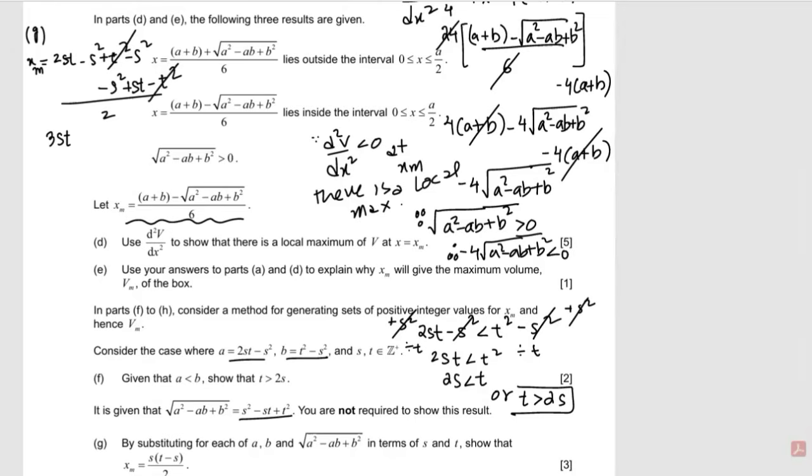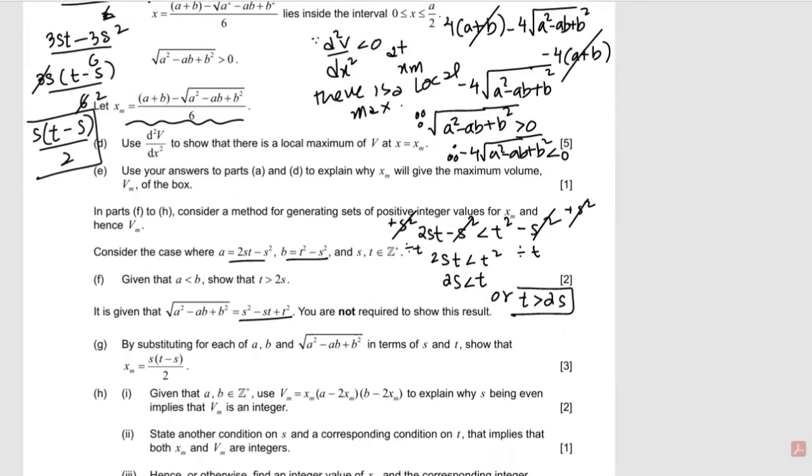Oh, my bad, this was a 6. Minus 3s squared, divided by 6. So let's factorize 3s. This will be t minus s divided by 6. So s times t minus s divided by 2. That is my result for part G.